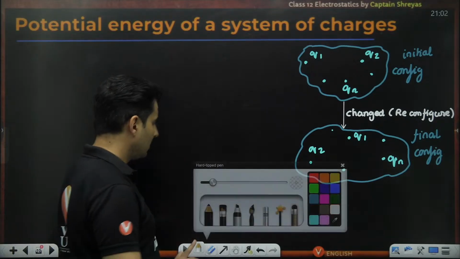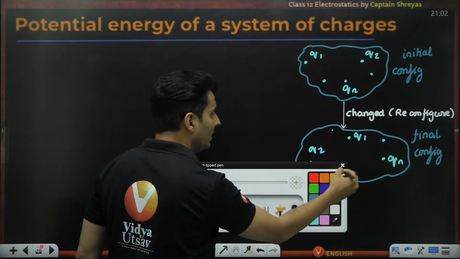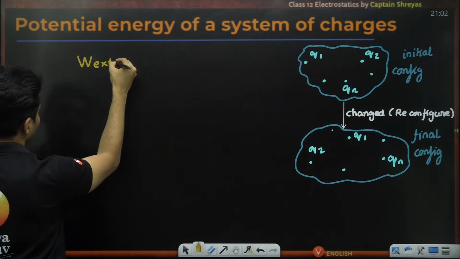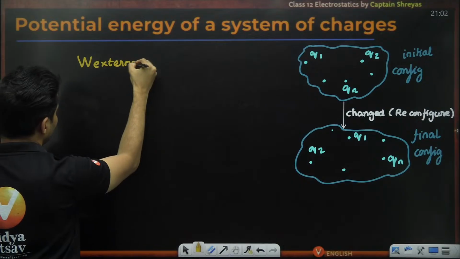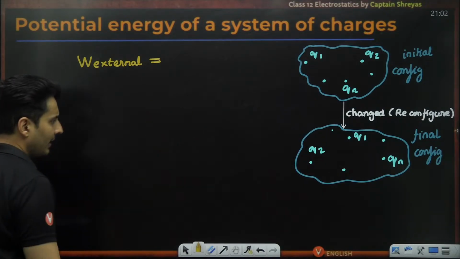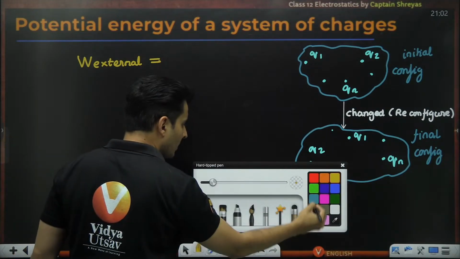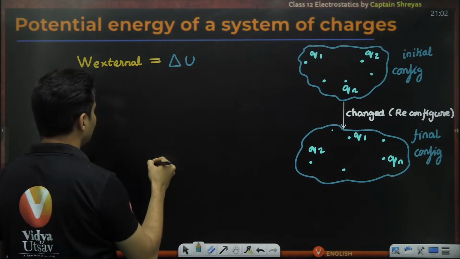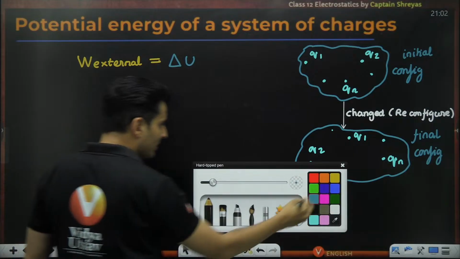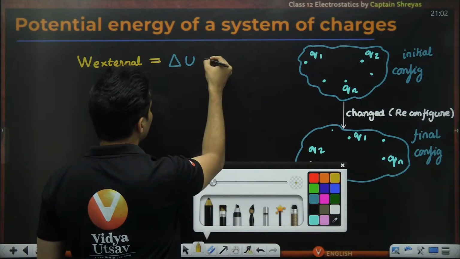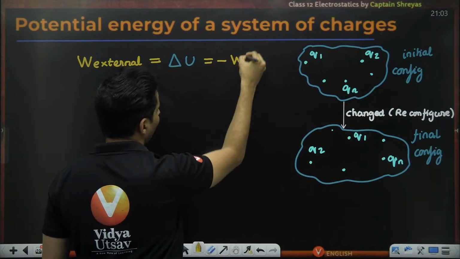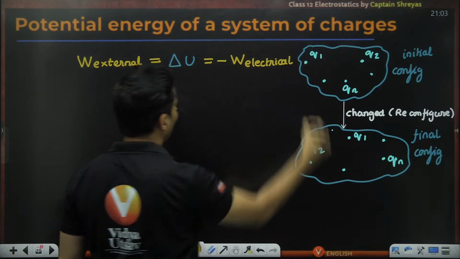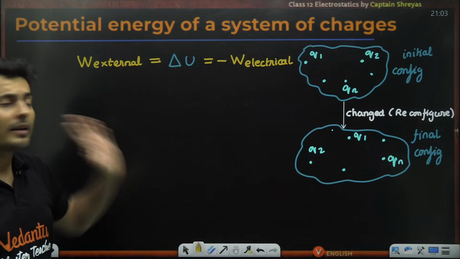In such a case, understand, you will be doing some external work. Whatever is the external work done in reconfiguring it will be exactly the change in the potential energy, which will also be the negative of the work done by the electrical forces.